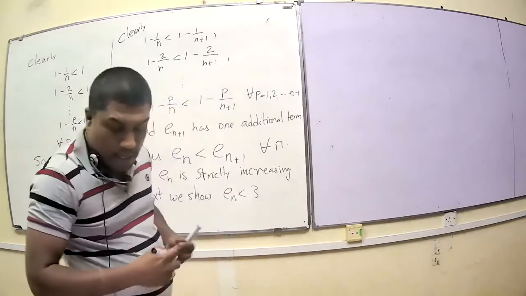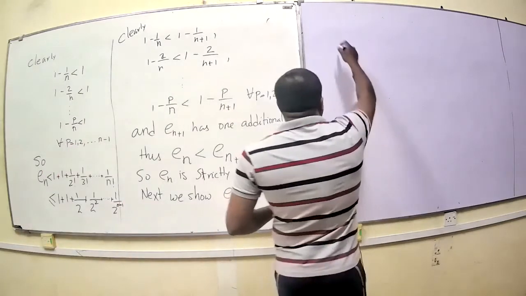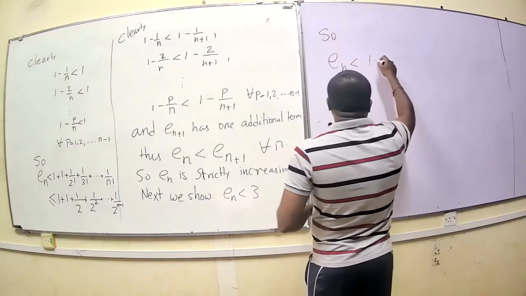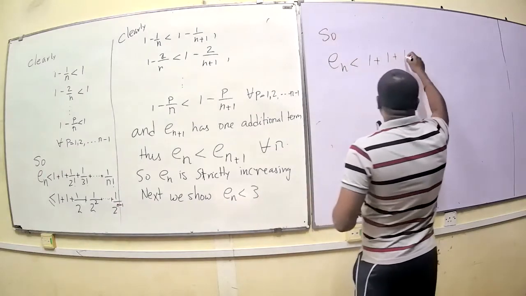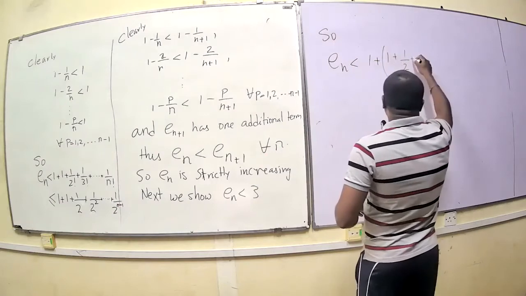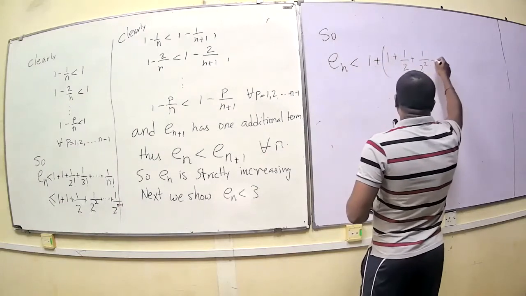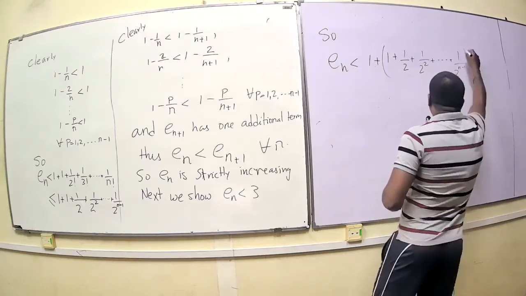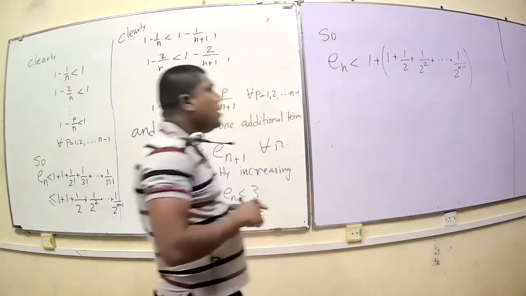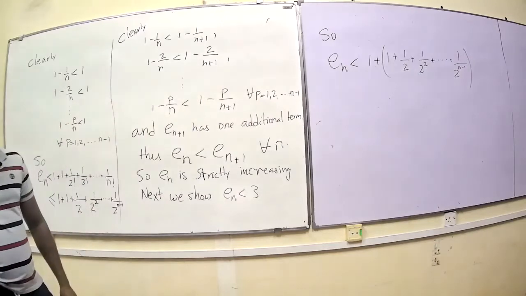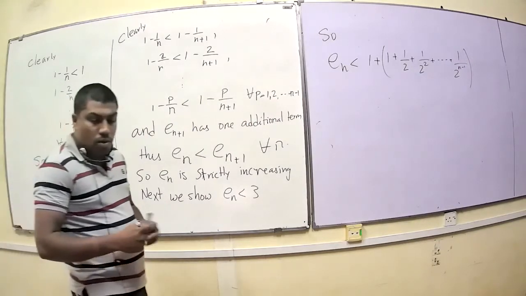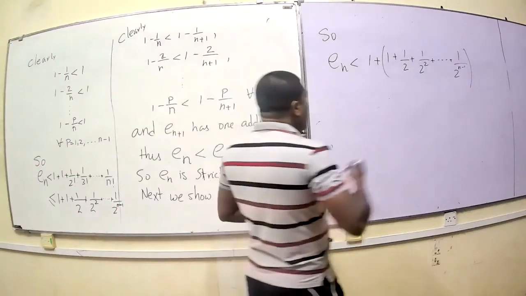Okay. So the geometric series sum is this. And so this is the geometric series 1 plus 1 over 2 plus 1 over 2 squared plus up to 1 over 2 to the power n minus 1.